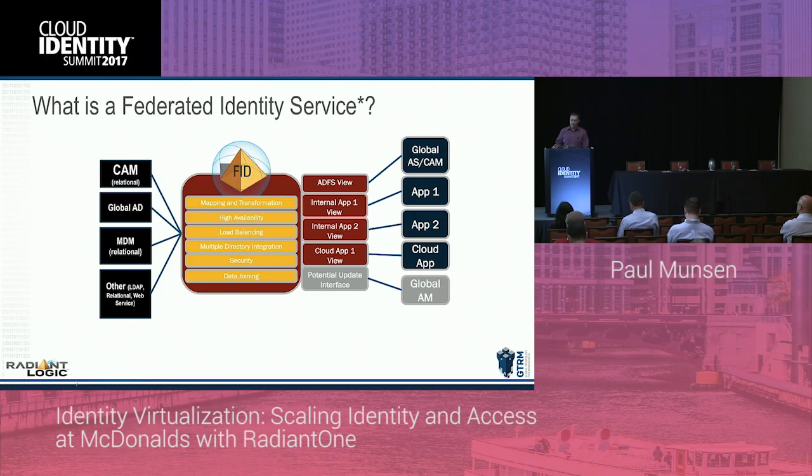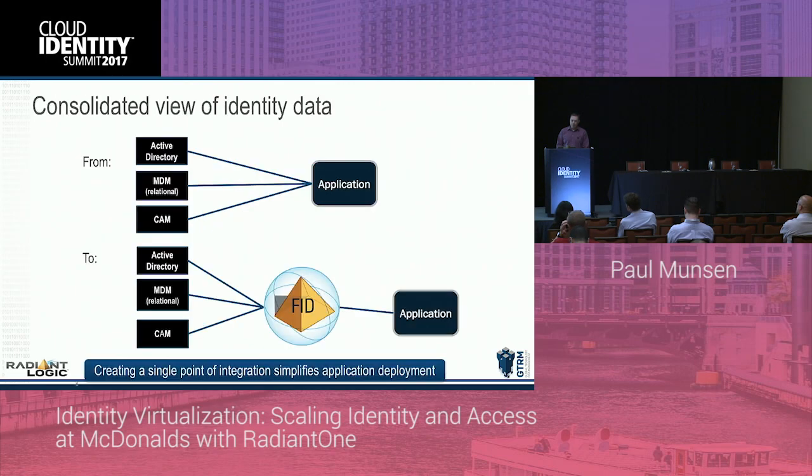We can set up a view for applications that are tied in there to get the claims they need. For applications that may need data outside of that, we can set up specific views, have the specific attributes, and they don't need to understand all the complexities of our Active Directory domain structure. That simplifies things. So that kind of shows how it helps us on the identity side integrate these applications.